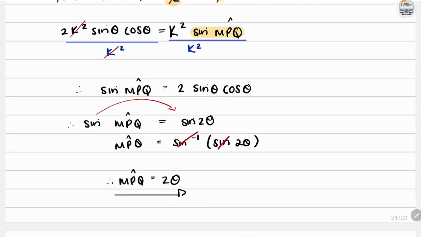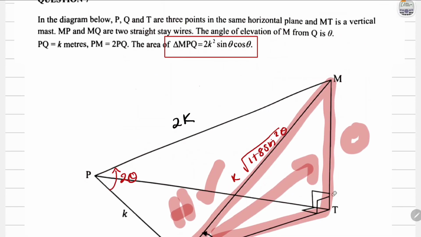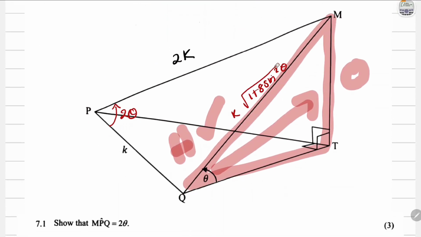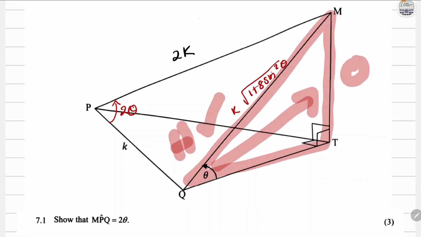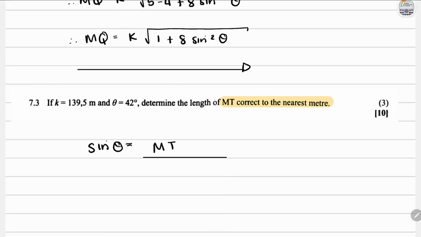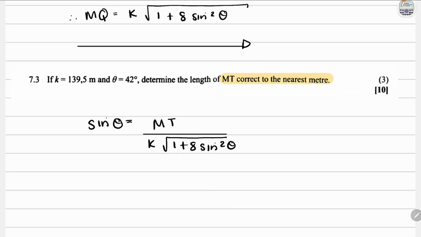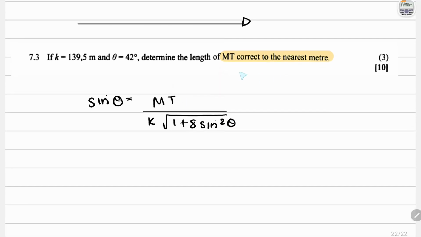So we're going to use sine and go ahead and tell them that sine of our reference angle theta is equal to the opposite side, which you saw was MT, over the hypotenuse, which is this whole thing, MQ. But I'll just write the expression that we have there. So that is MT over MQ, which is that K square root 1 plus 8 sine squared theta. So all we have to do here is make MT the subject and then substitute these values.